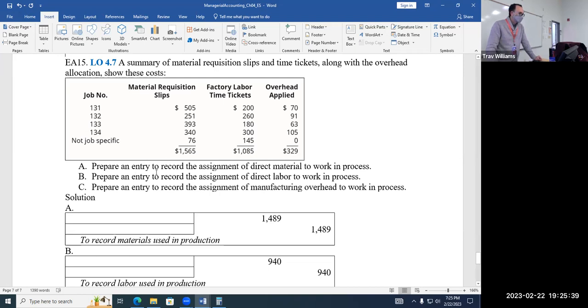A says prepare an entry to record the assignment of direct material to work in process. So that's kind of what we did in the last one. We're moving into work in process inventory. Where's it coming from? The raw materials inventory.